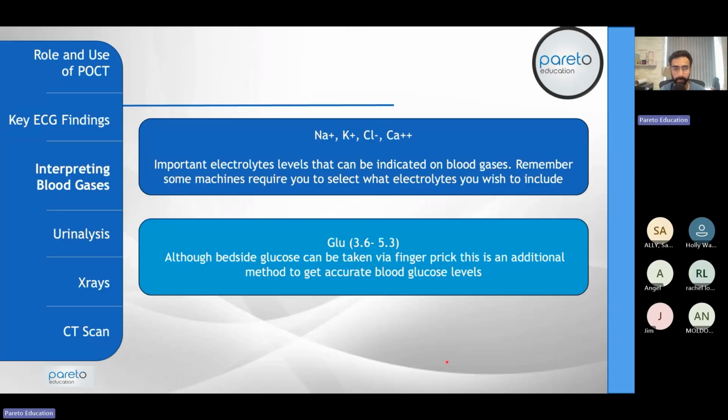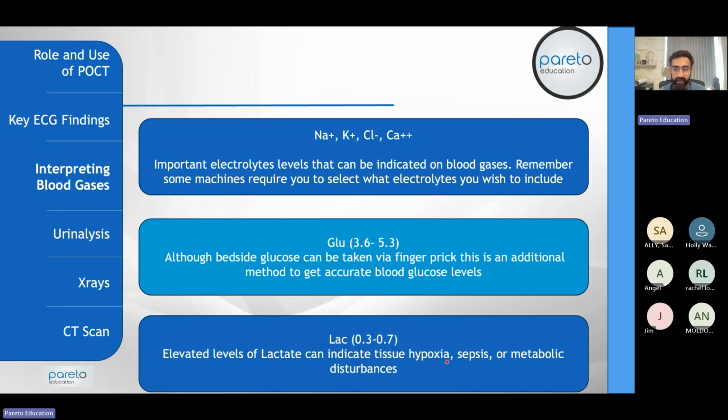DKA, yep. Think about a patient who's had a fit, who's had an epileptic seizure. It's important that we know about what their blood glucose is like.